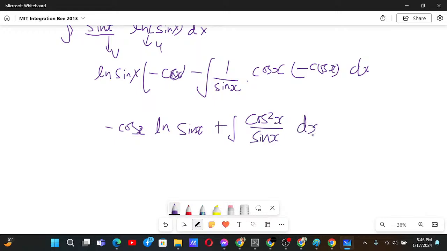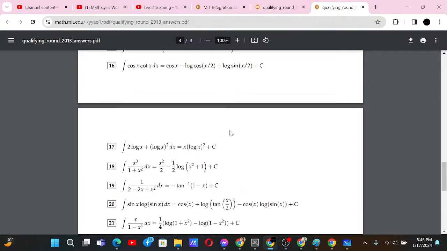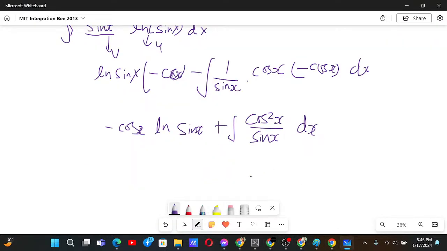And the integral that we already did was, let us check the answer from the website itself: cos x plus ln tan x by 2. So this is cos x plus ln tan x by 2, and this is minus cos x ln sin x, and plus c.